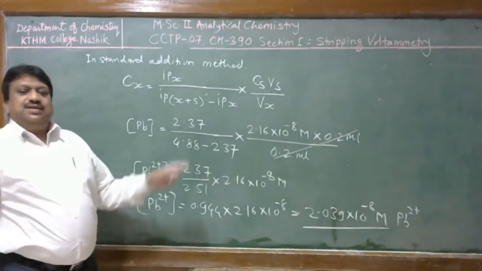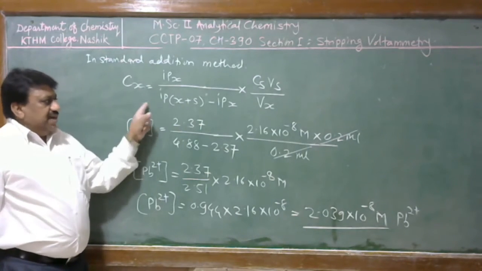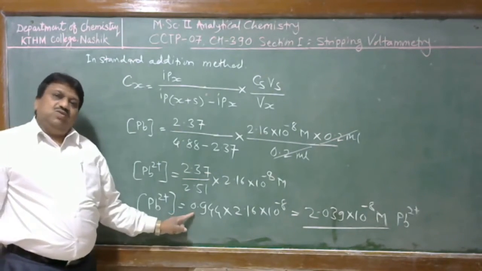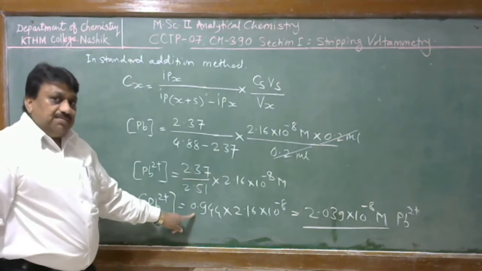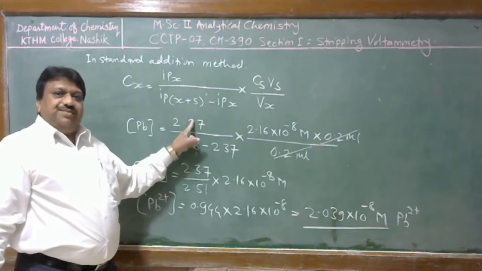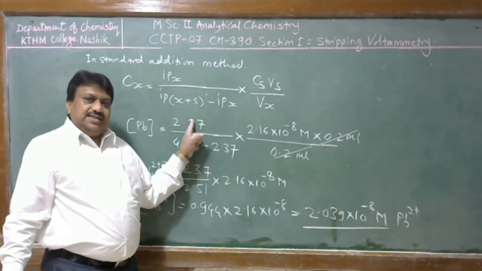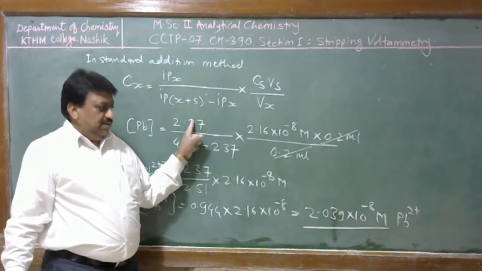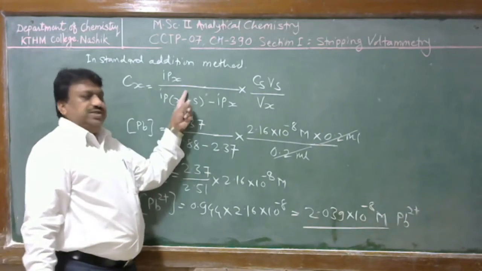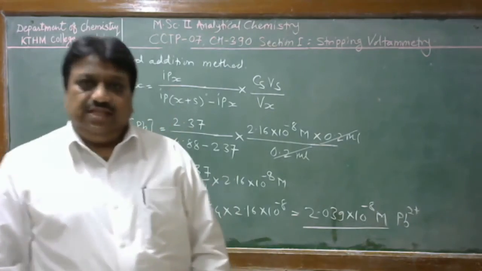Therefore, this method is based on the standard addition method, and by it we can find out the concentration of lead in the blood. Here two measurements are carried out, one for the standard containing sample, second for the sample. Then results are matched using this formula, and we can find out the concentration of lead in the blood sample.